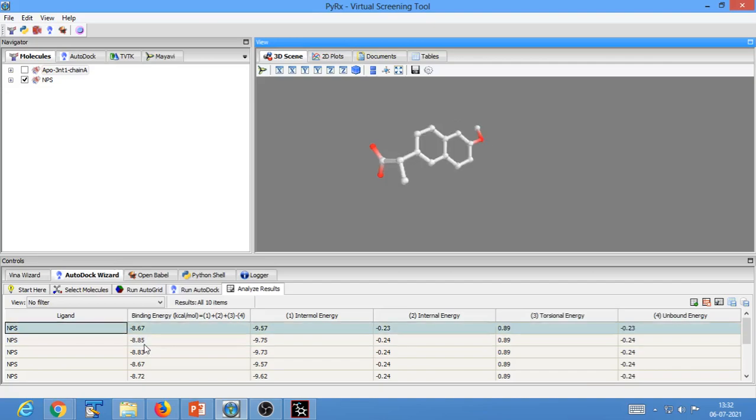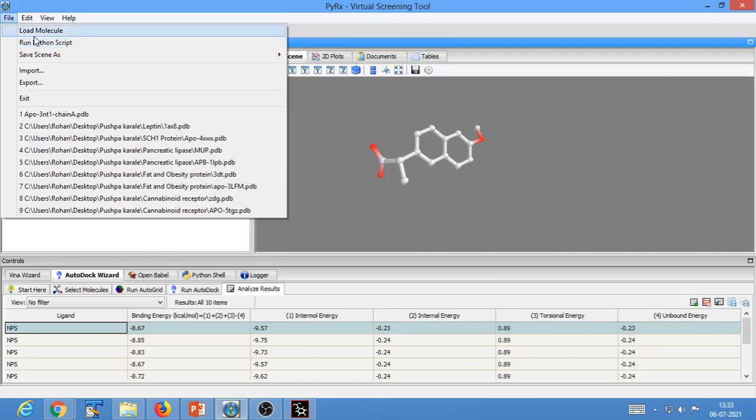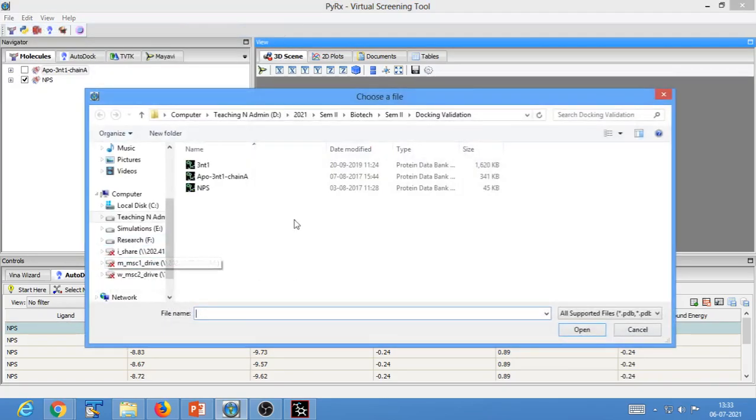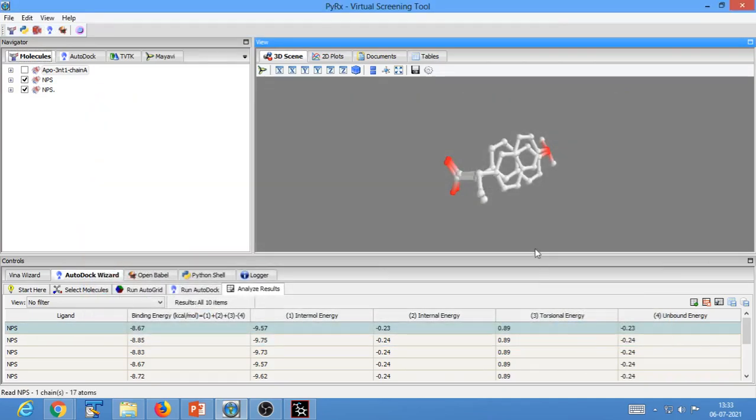Now let us compare how our software has predicted the poses as compared to the crystallographic pose. In order to do that, I will load the crystallographic pose now. Here, I am loading the crystallographic pose.